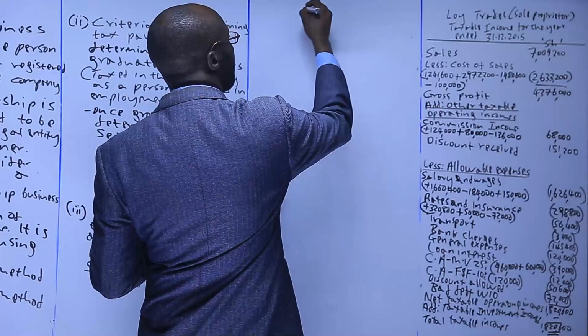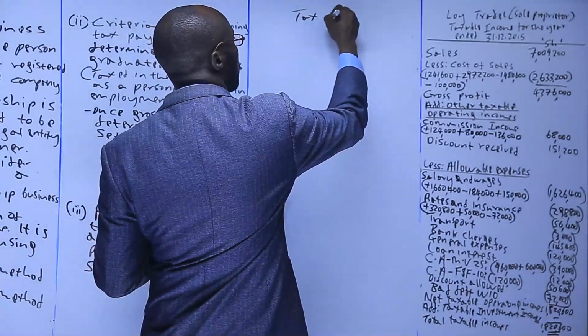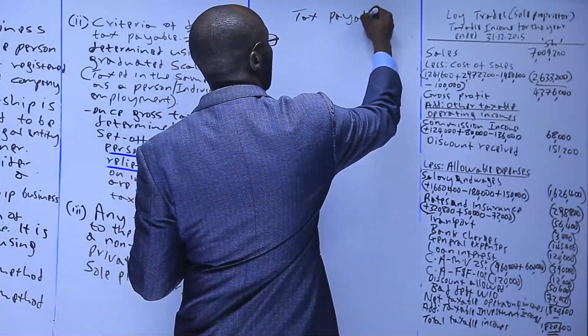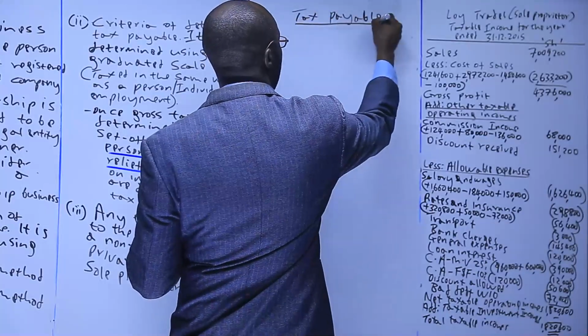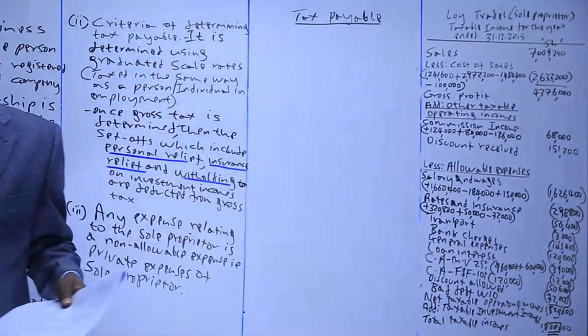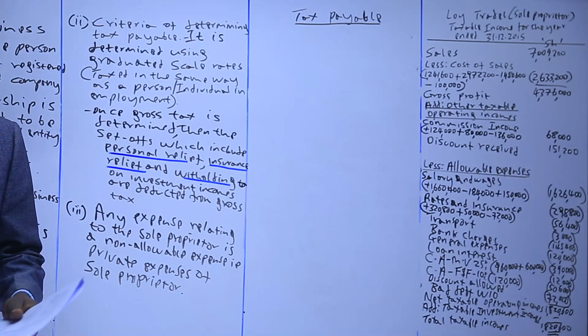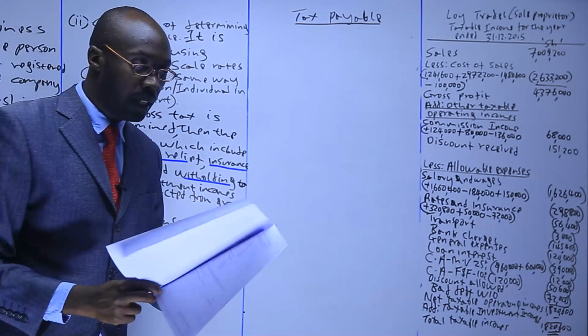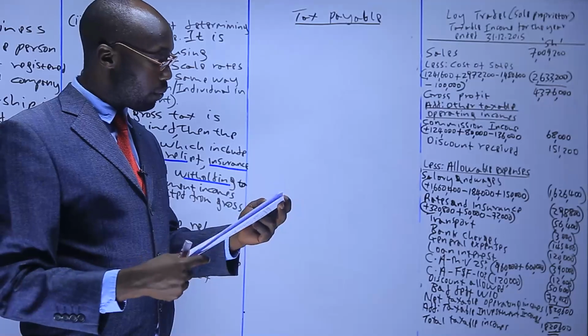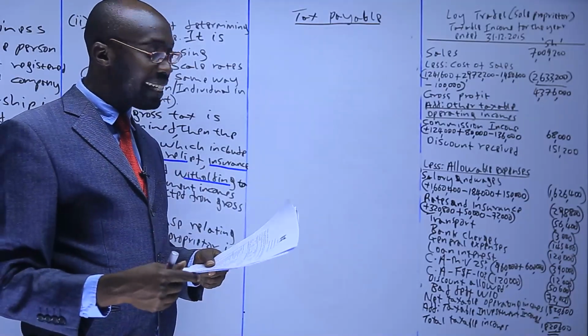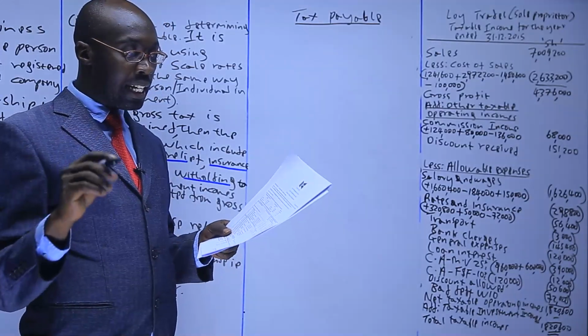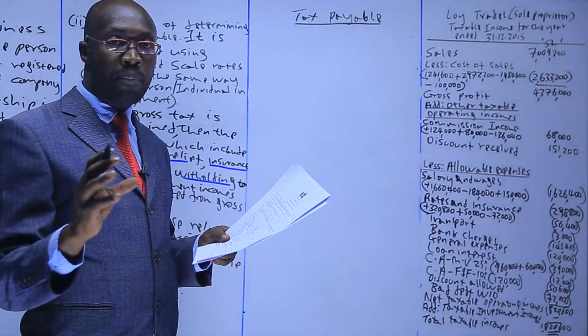So to come here, tax payable. So we want to get the tax payable. If you look at the income that we have, it is 1,826,000. Now there is a table that is given by the examiner in an exam.